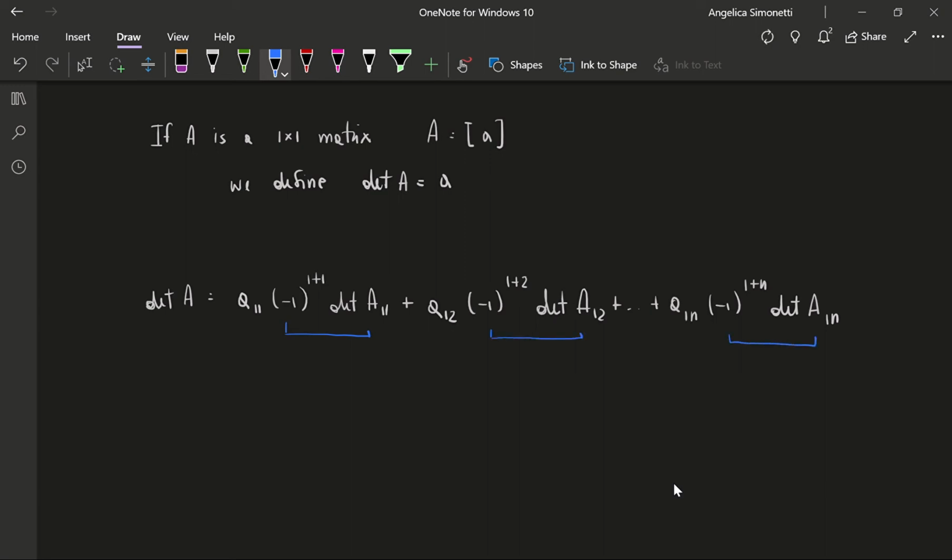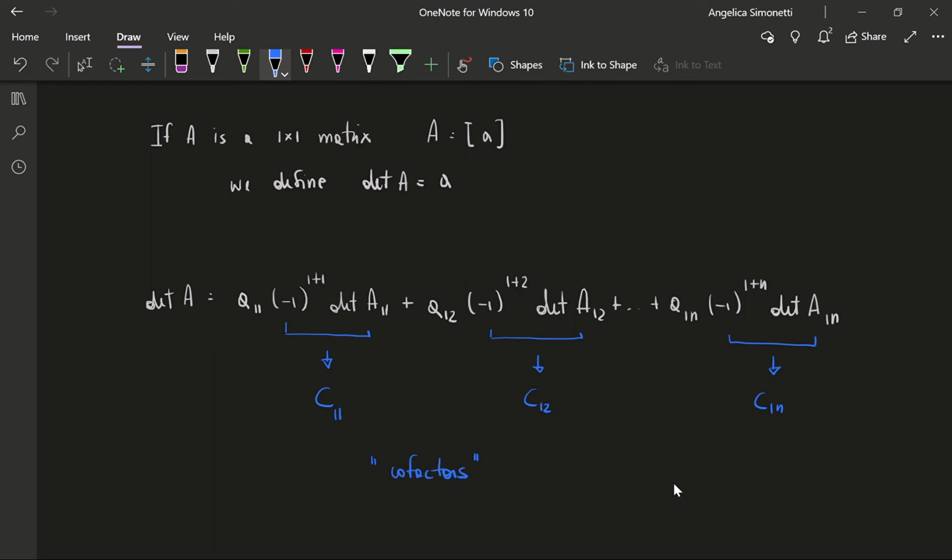These are called cofactors. I'm going to use a C and denote it by the same indices that I have for A. So this would be C11, and this is C12, all the way up to C1n.